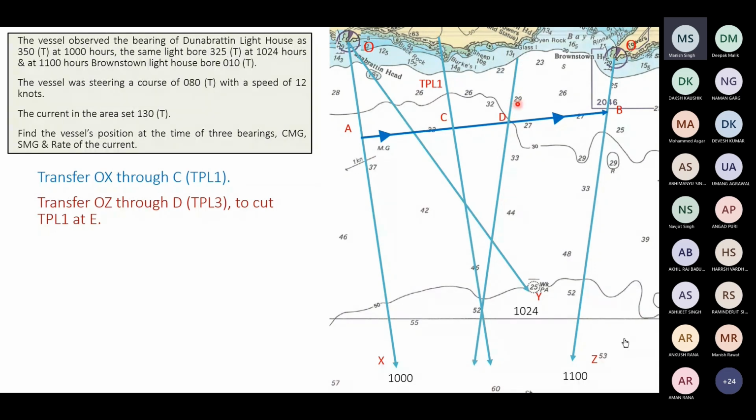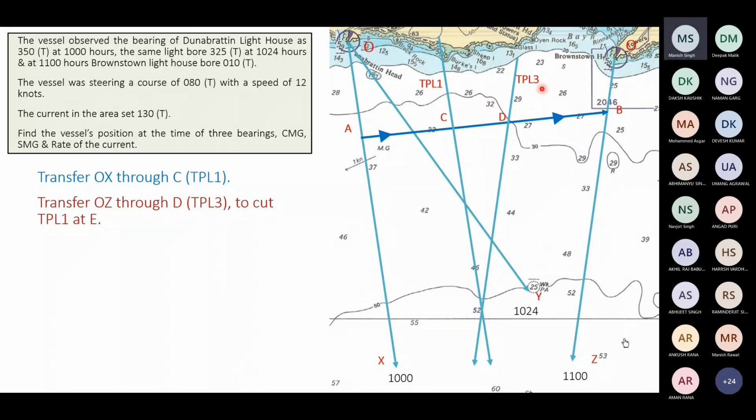This line on the chart now is parallel to my final PL, that is OZ, and it passes through point delta. Let's name this line as TPL3. This is again a reference name given to this particular line for easy identification.